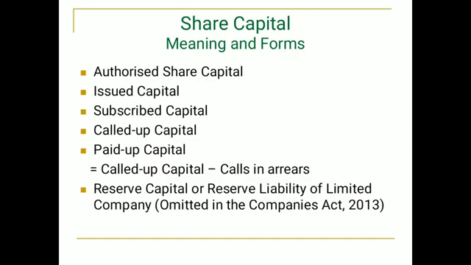Say for example, you have called up 6 rupees out of 10. So how much is uncalled? 4 rupees per share. You have called up 6 rupees, out of which how much amount has been paid comes under the category of paid up capital.